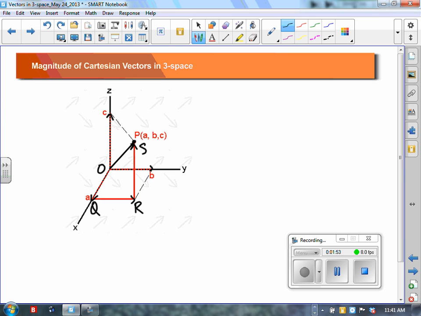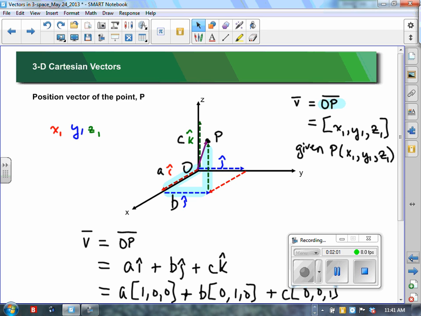In order for us to find the magnitude of OS, let's go back for a moment to see how we ended up plotting the Cartesian vector OP. The first step was to work with this vector here. I'm going to highlight this a little bit more.